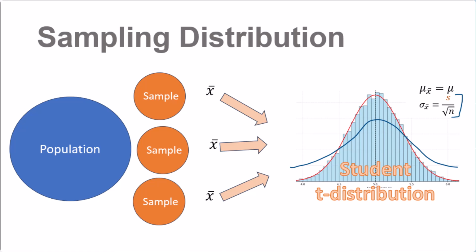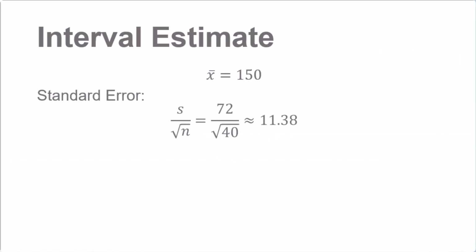And then we use the student t distribution to help compensate for the error that's introduced by that approximation.